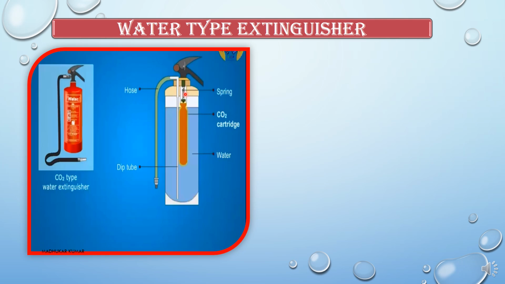Okay, operating procedure: you have to open this pin, squeeze the handle, and this spring related puncturing device will puncture the CO2 cartridge. CO2 will come out, and this vacant space which you can see will create pressure inside, and due to this pressure the water will rise through this dip tube and discharge through the hose. Okay, so this is the operating part of it.